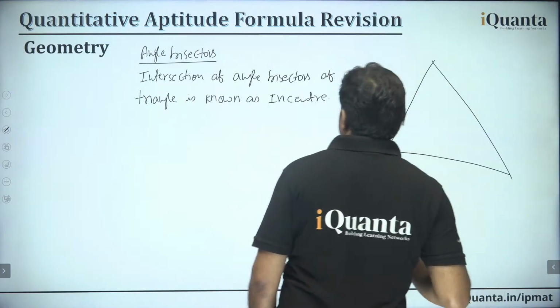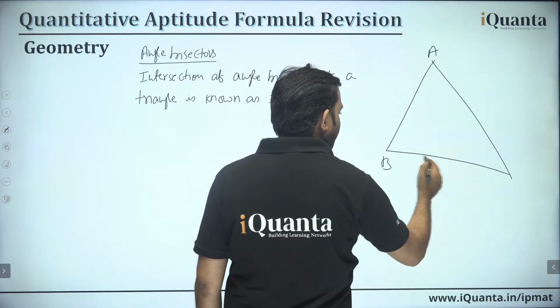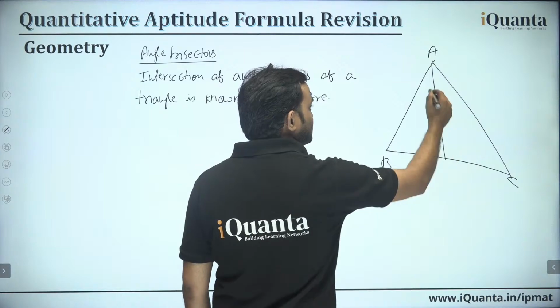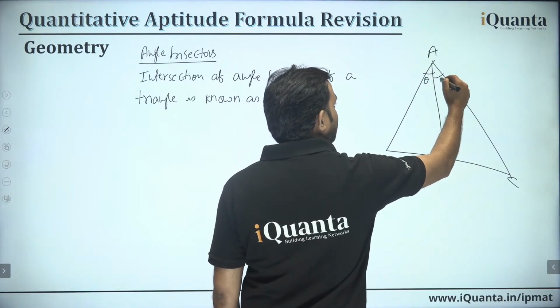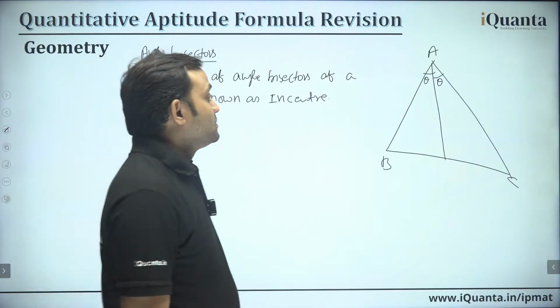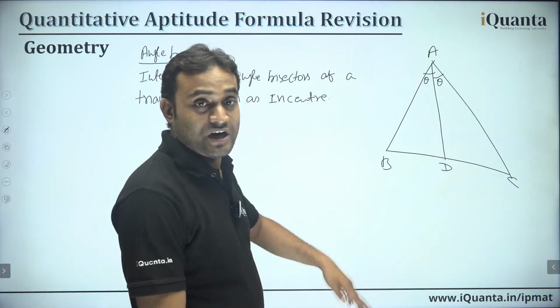Now in this triangle, let's say this is point A, this is point B, and this is point C. If I draw a line which is dividing this angle A into two equal parts, which is theta and theta, then this AD is known as the angle bisector of this triangle.